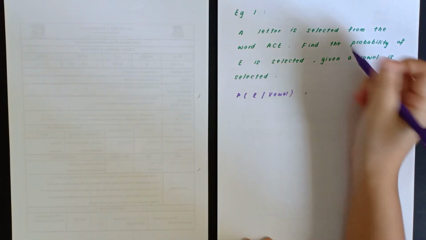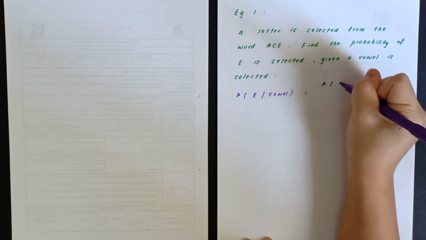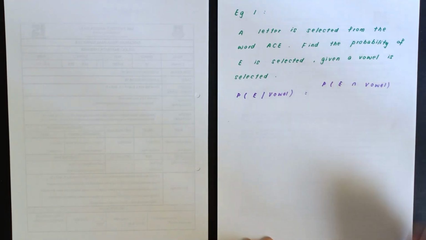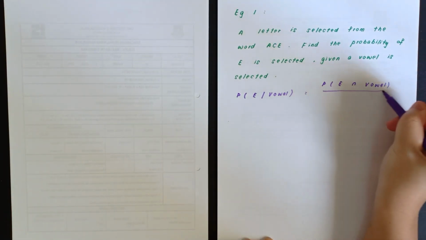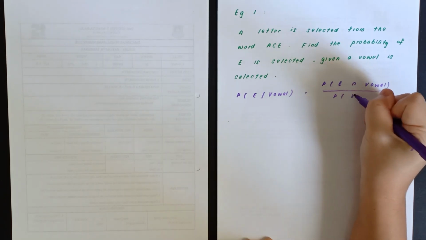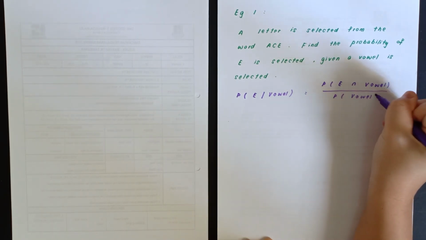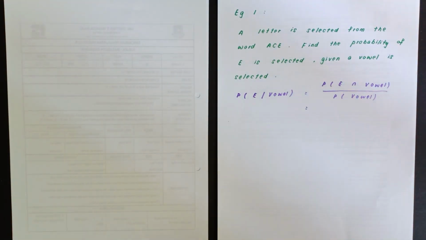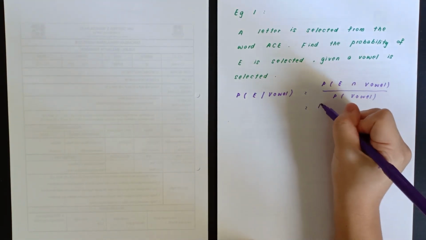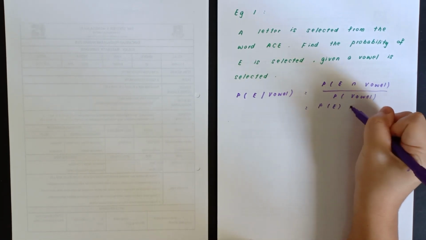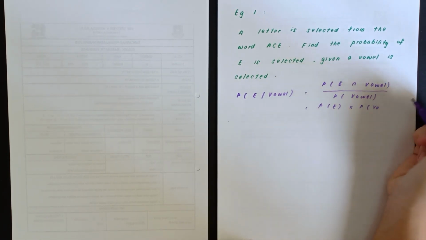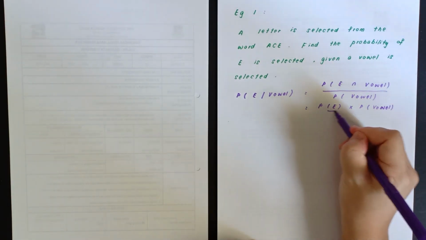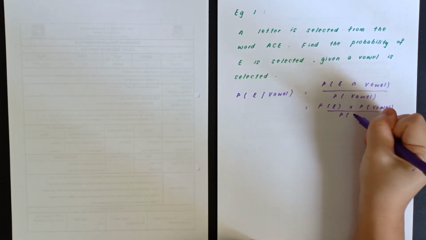Then after that, what will you try to do? The probability for E intersect with vowel, then you continue by dividing by the probability of vowel. Then you try to do P(E) times P(vowel). Oh, sorry. Then divide by the probability for vowel.